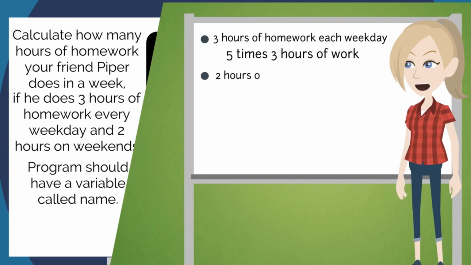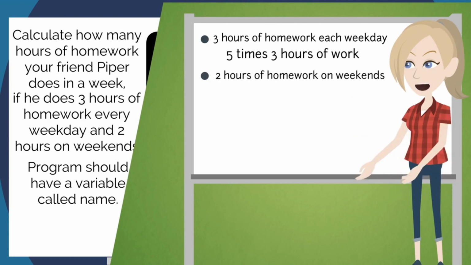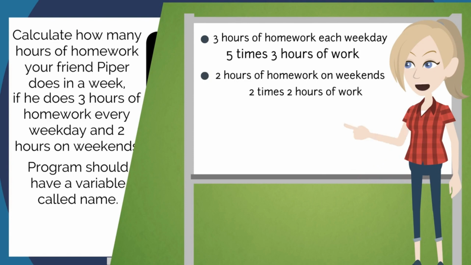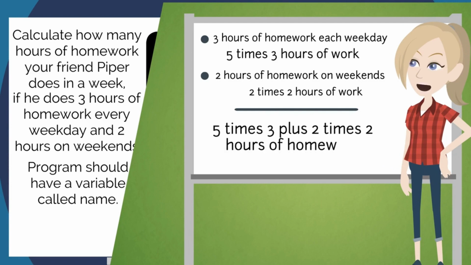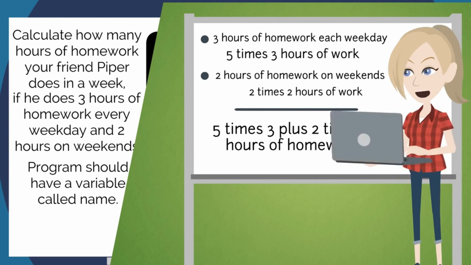On weekends, however, he does 2 hours of homework, so he would have done 2 times 2 hours of homework in the weekend. So, at the end of the week, he would have completed 5 times 3 plus 2 times 2 hours of homework. Let me type out the code.